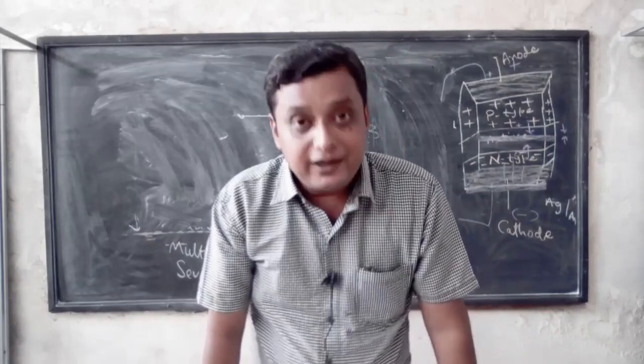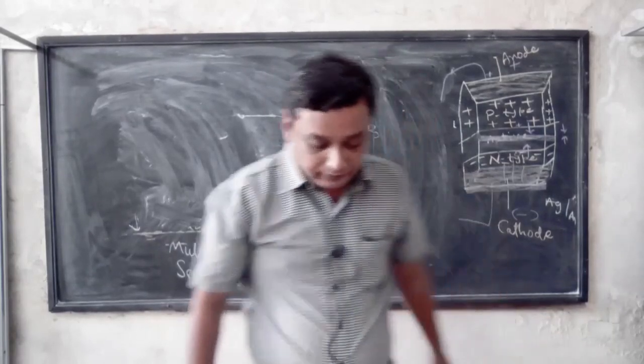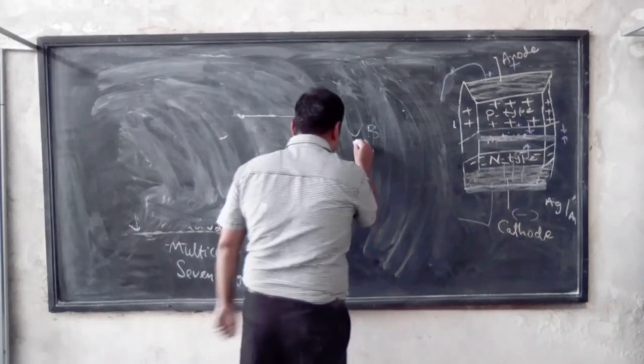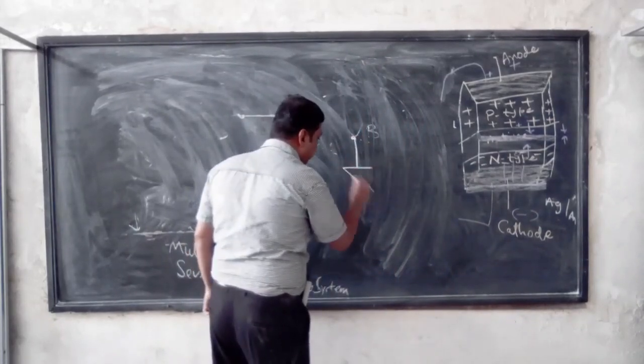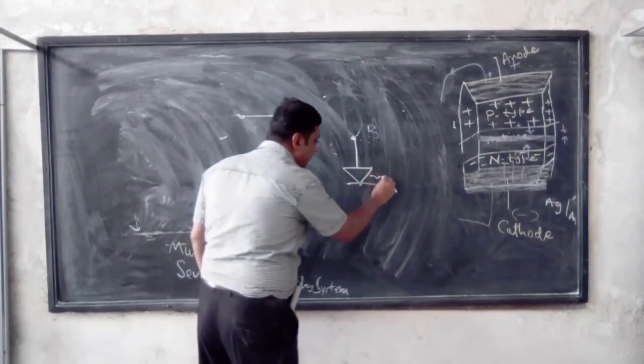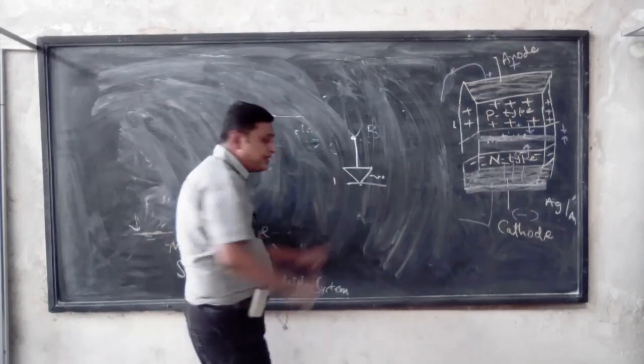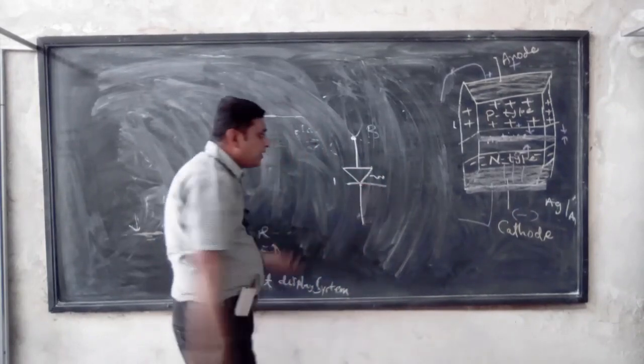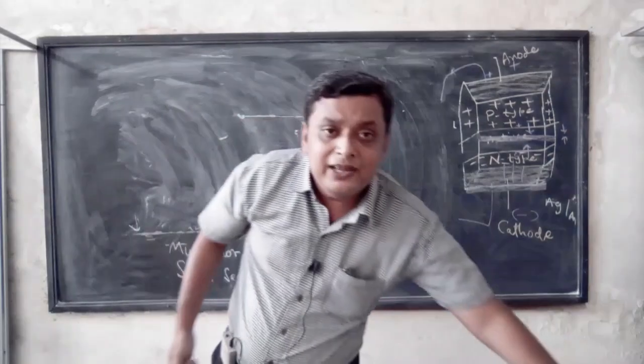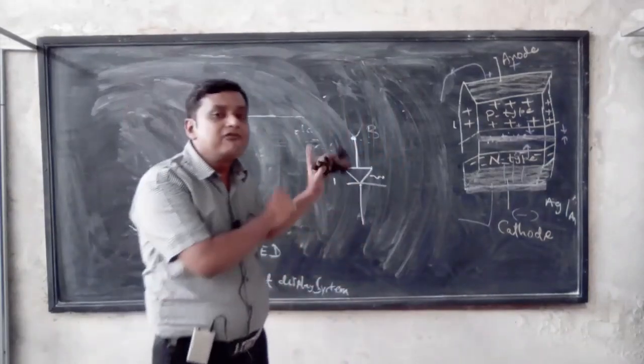So I am going to start the multicolor LED. Actually this is LED 1, that is represented by 1. There will be no voltage applied to the LED without the resistor.